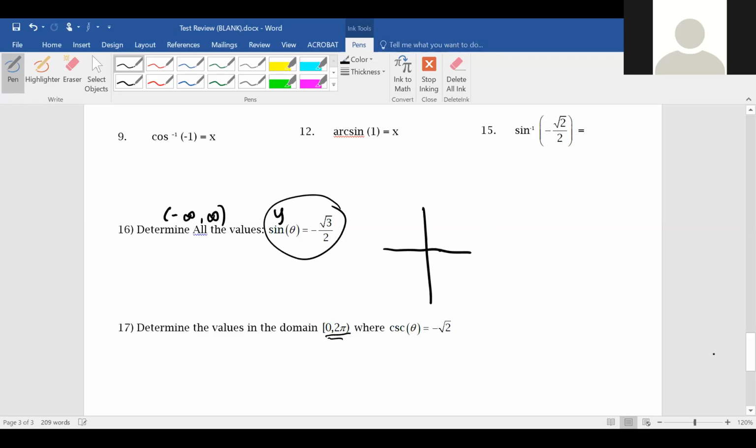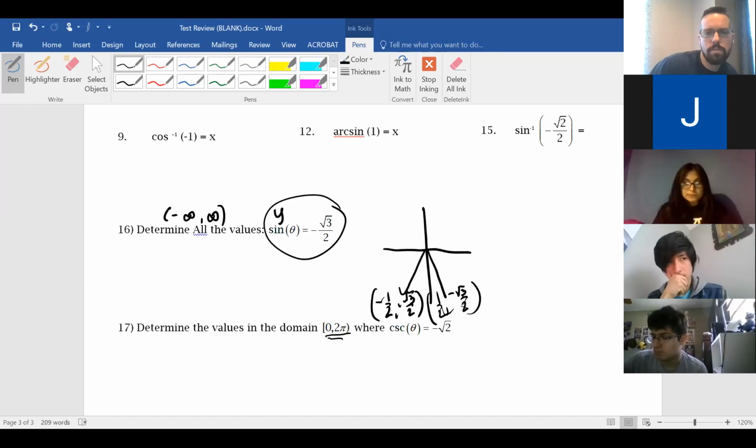So your negatives have to be here and here. So then you have to figure out what those values are, what values that you want there.